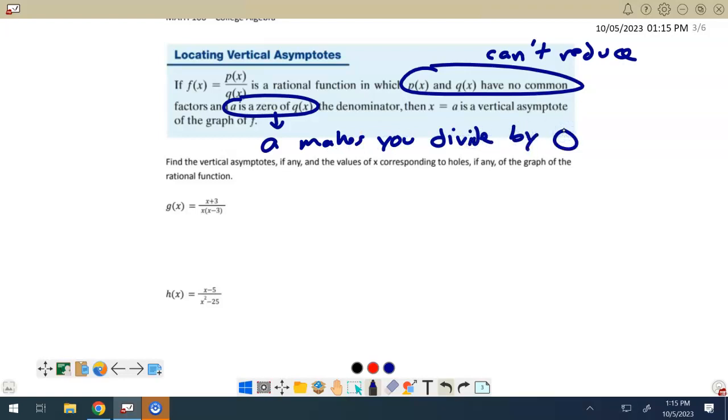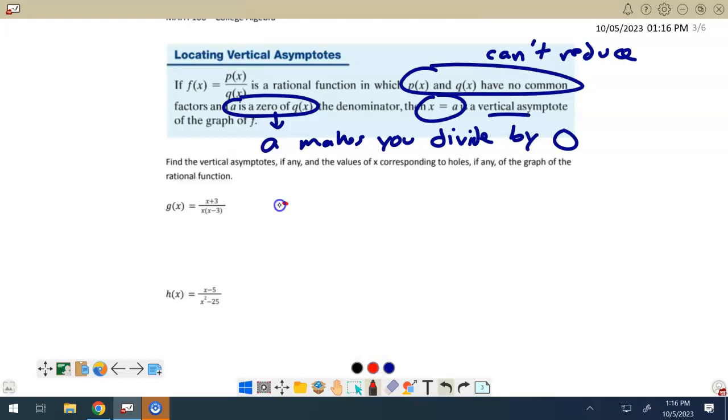So if that number a makes you divide by 0, then x equals a is a vertical asymptote of the graph. It's the same numbers that you're finding when you're determining the domain. The same numbers that you're worried about making you divide by 0, those become your vertical asymptotes.